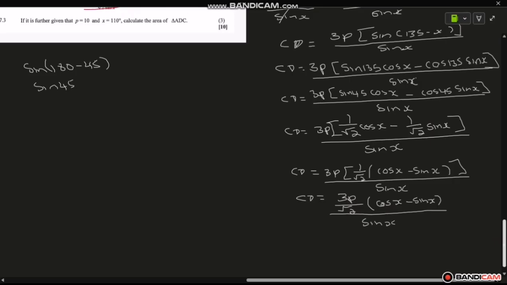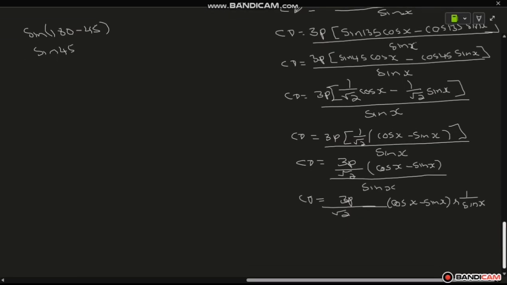Okay. We can reciprocate sine x. Therefore, CD equals 3p over root 2 times (cos x minus sine x) times 1 over sine x. I hope you're still following.